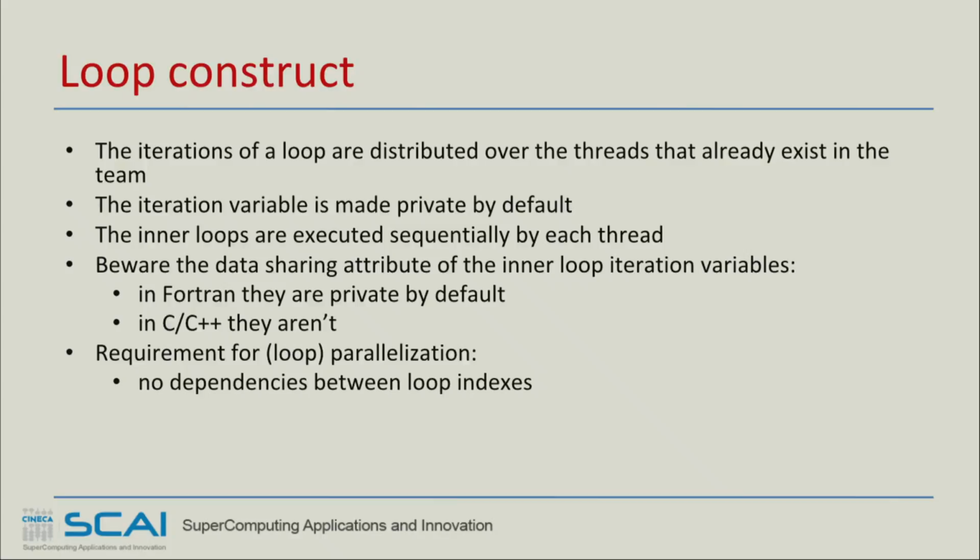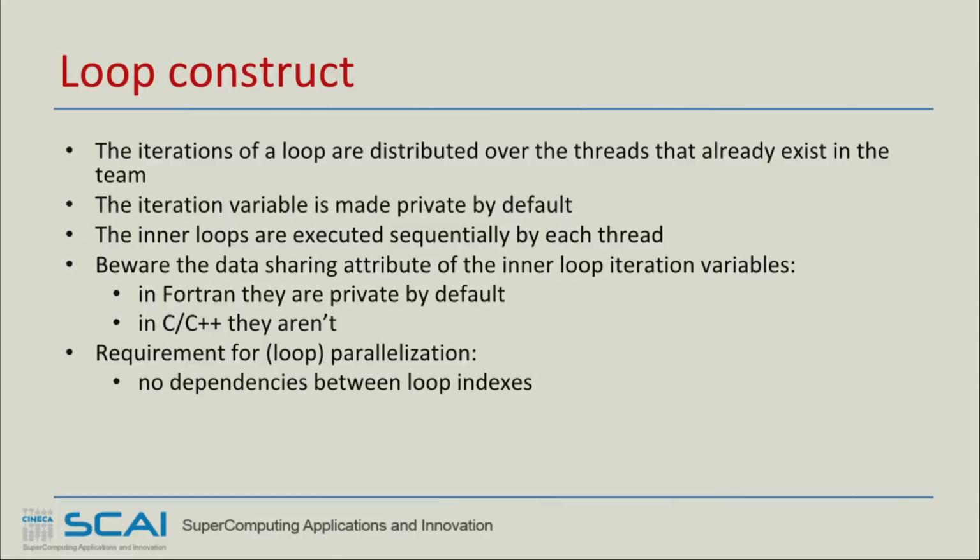Okay. There are some rules about the scope of the variables, in particular when you have outer and inner loops. In Fortran, the inner loop variables are private by default. In C++, they are not. But in my opinion, the best is to put explicitly the scope of each variable.